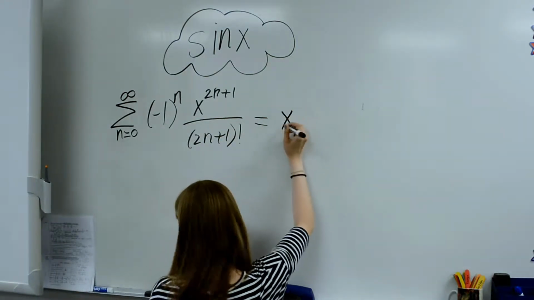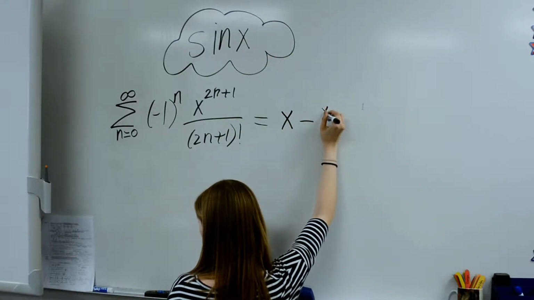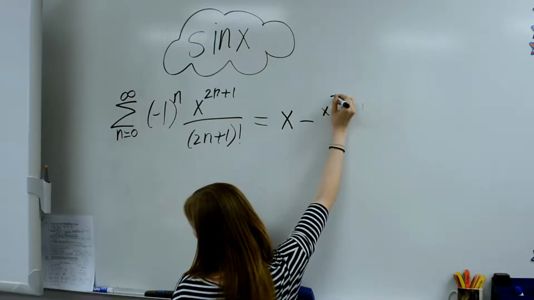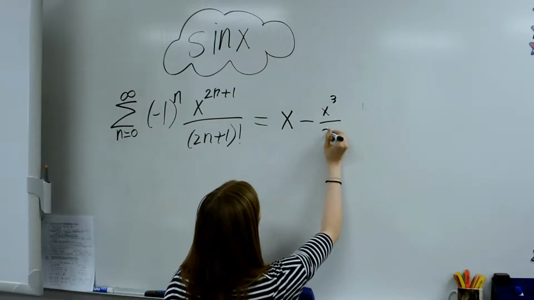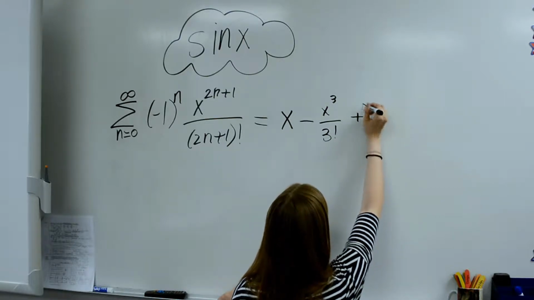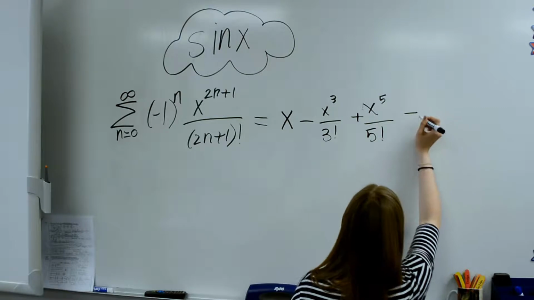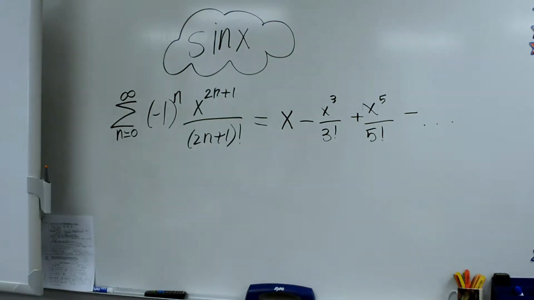When expanded, you'll get x minus x to the 3rd over 3 factorial plus x to the 5th over 5 factorial minus x to the 7th over 7 factorial, and so on.